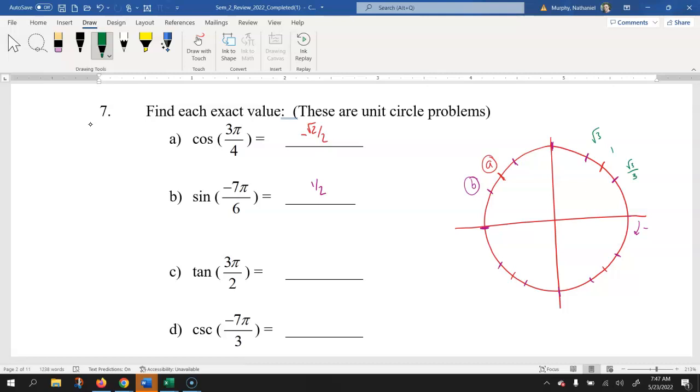So we have this spot, where cosine is 0 and y is negative 1. Sine over cosine, a number divided by 0, is undefined. Tangent of 3 pi over 2 would be down here at the bottom, so that's going to be undefined.